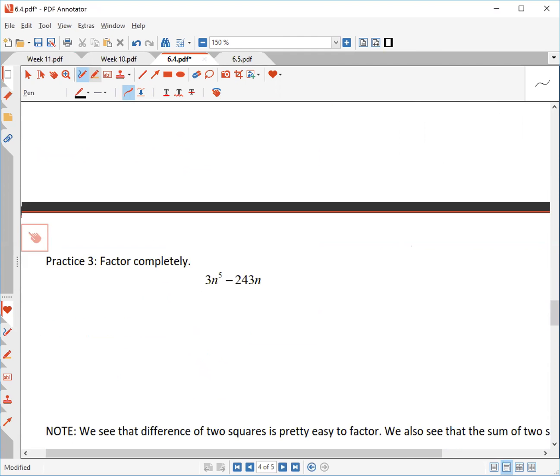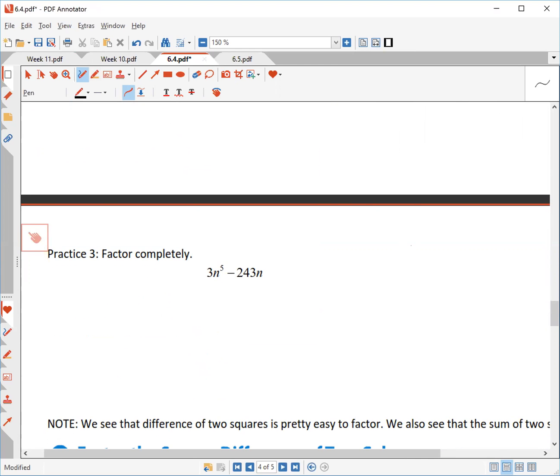And then the last one here that we did, there was a greatest common factor in there. They're all divisible by 3 and an n. And as soon as we factored that out from our 2 terms, we were left with n to the 4th minus 81. So those are perfect squares. N to the 4th is the square of n squared. 81 is the square of 9.